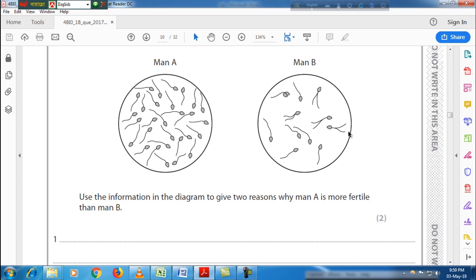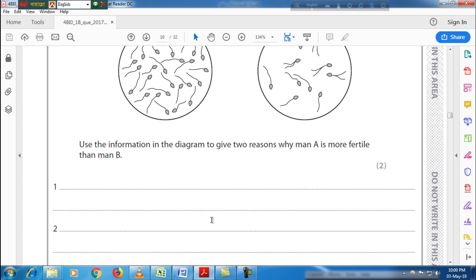Another is that maybe there's some kind of genetic problem, because there are multiple heads and multiple tails in man B. It can be another reason.